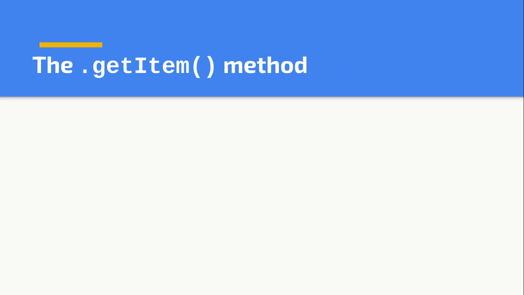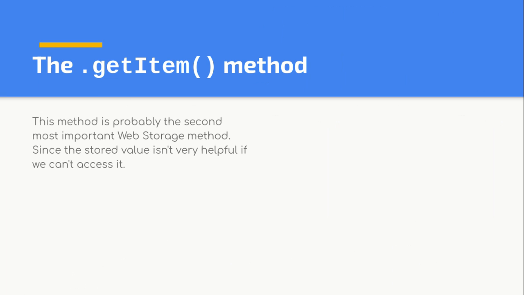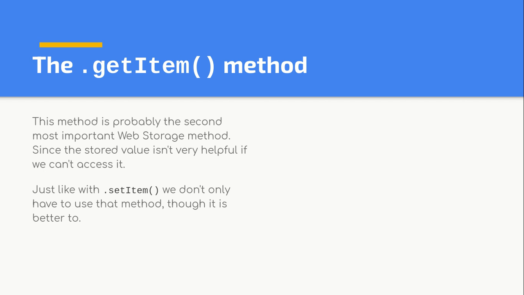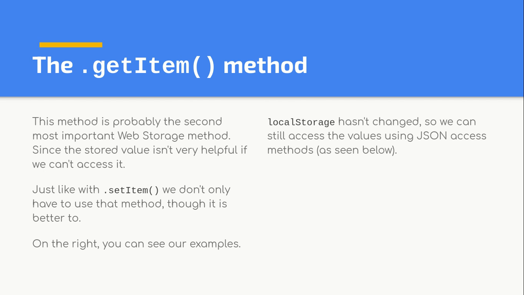And so now the getItem method, and it's the second most important, because if you store something, it's kind of helpful to be able to access it. And just like with setItem, we don't have to use the .setItem or getItem methods to access it. We can do it the same.